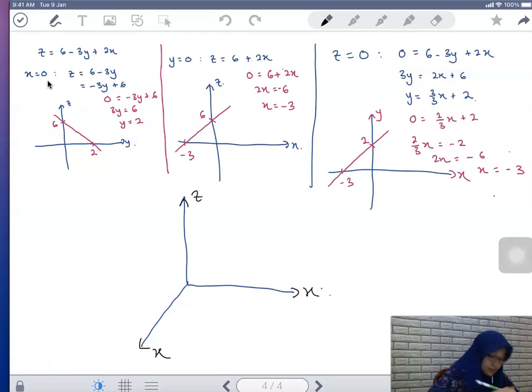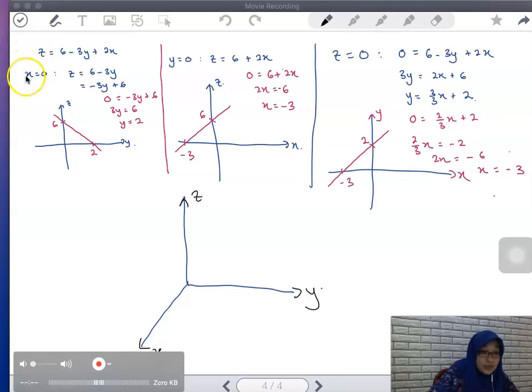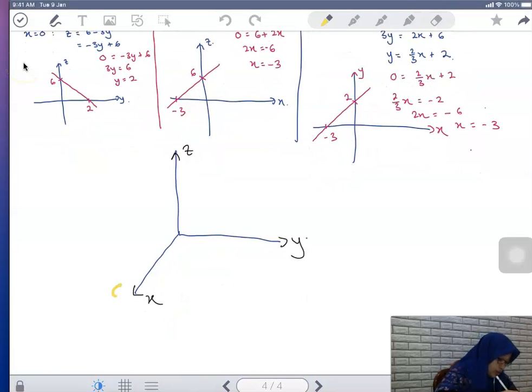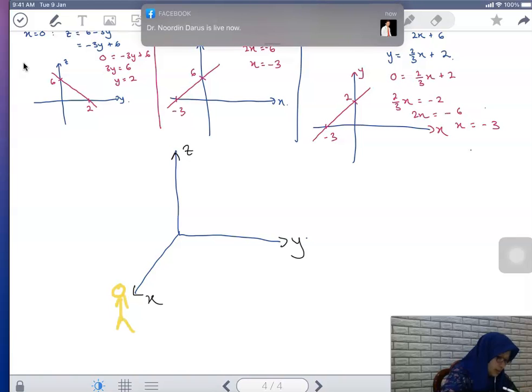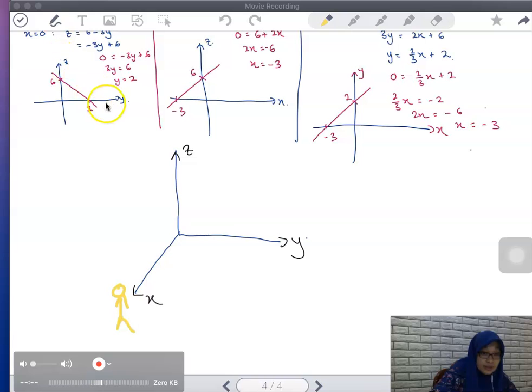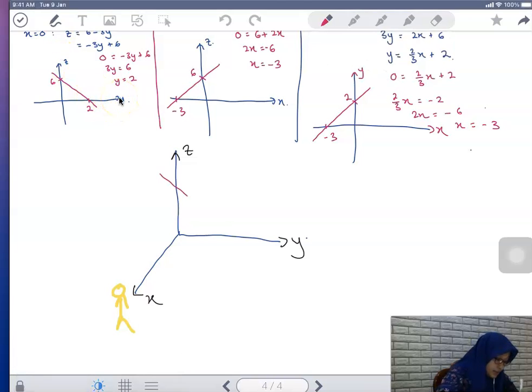So on the x plane, you are here. What can you see on zy? Z versus y. You can see a red line, and the intersection is at 6, 2.